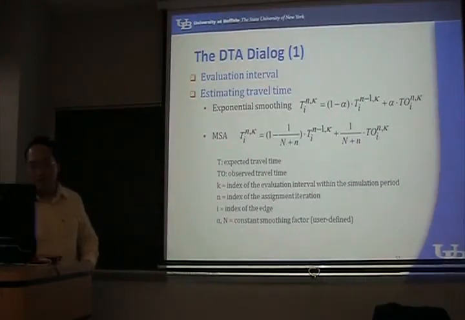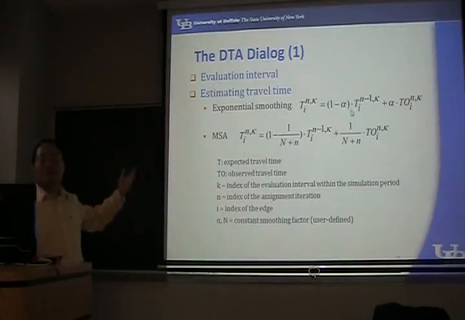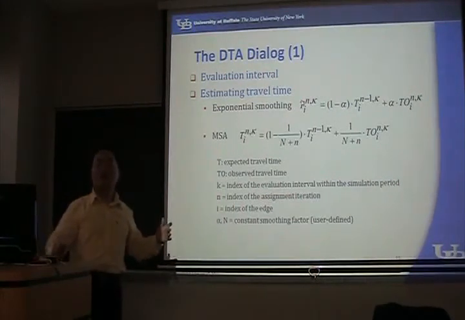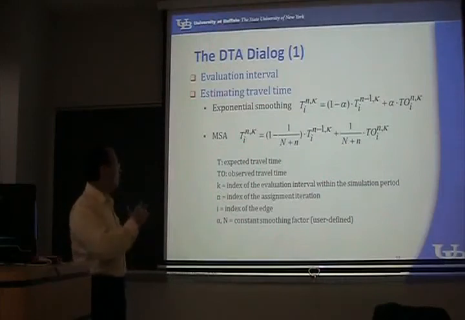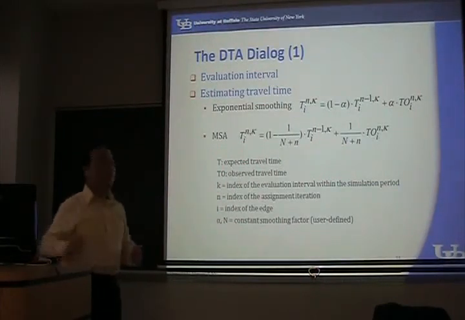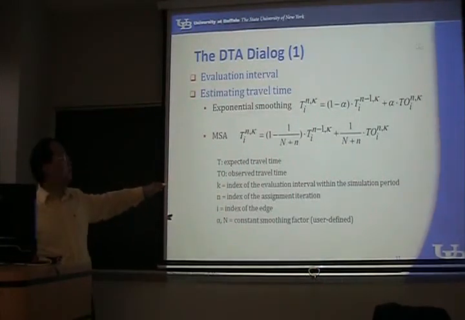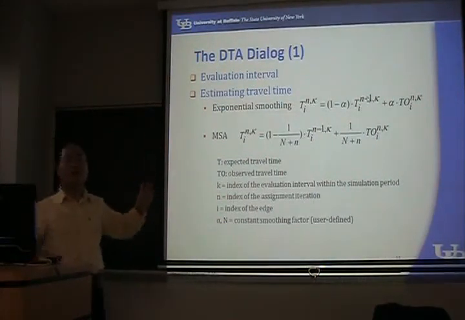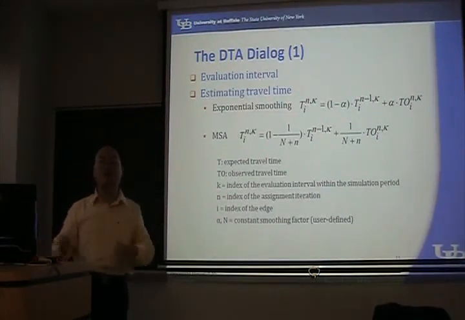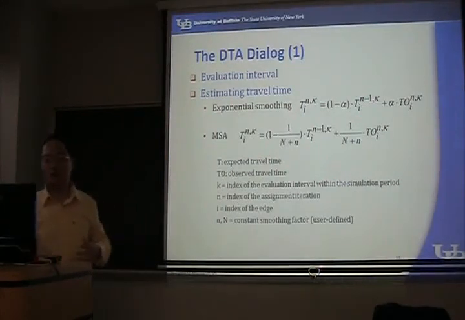I just want to emphasize that they are of almost the same format. This T is the expected travel time of an interval of an edge. This is the travel time we need. And this is the travel time in the last iteration. Iteration means you run the model several times. One run is called an iteration.